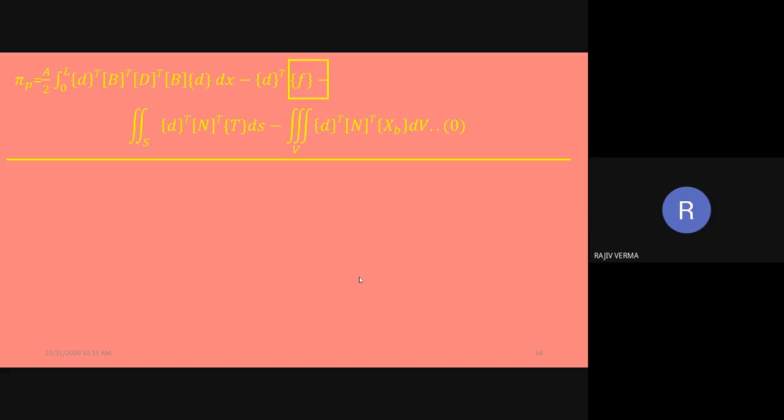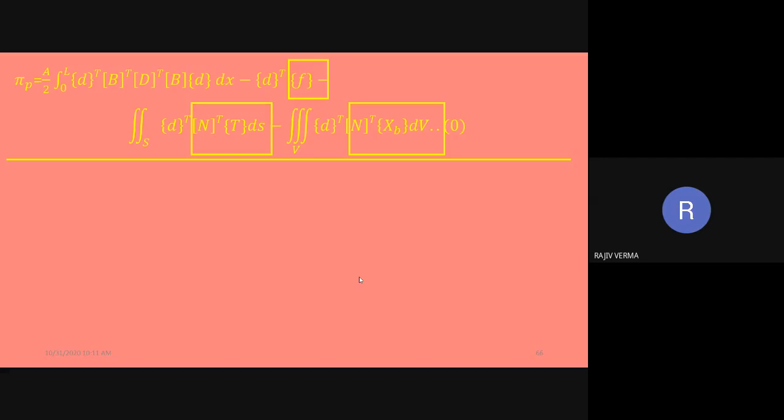Now the transpose of the D matrix appears in the third and the fourth term also. Which basically means that this term which is highlighted just now and this term which is highlighted just now also represent forces. So we can club all these 3 forces together because they are forces acting in the equation.